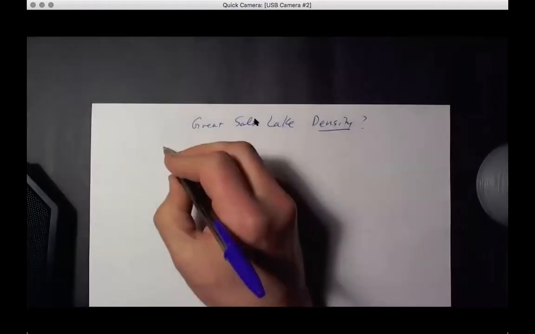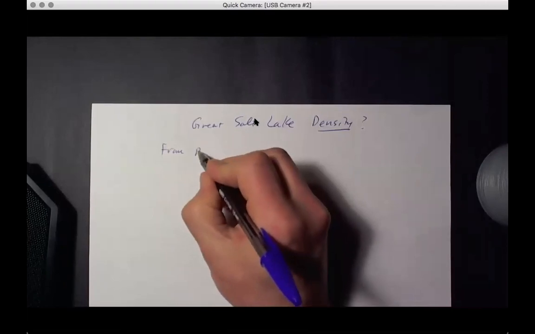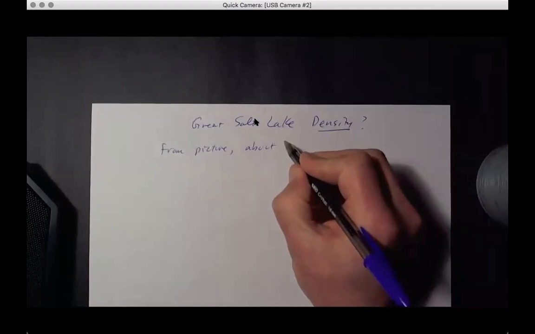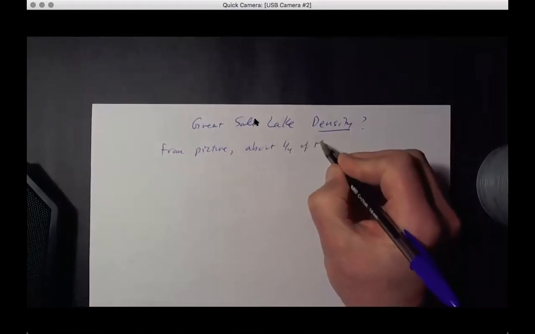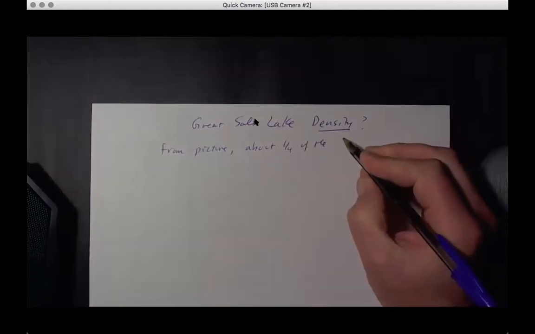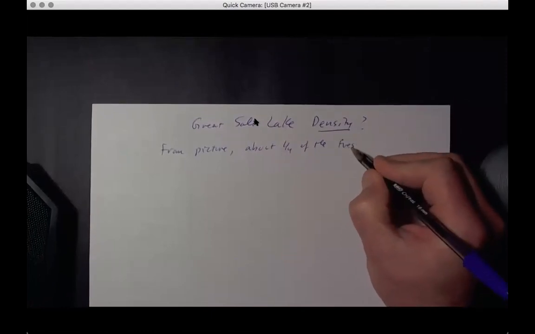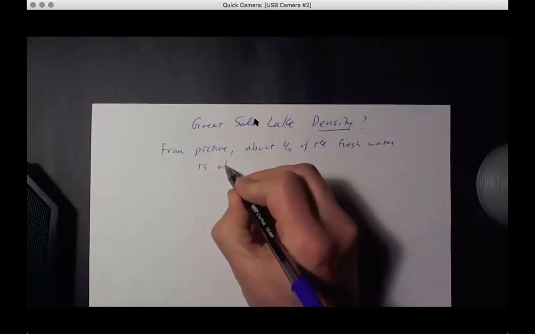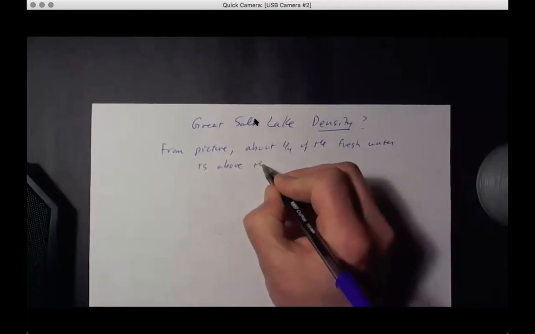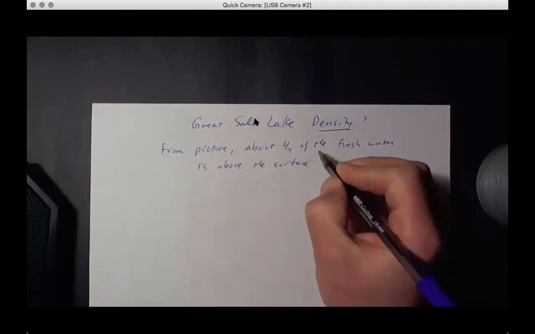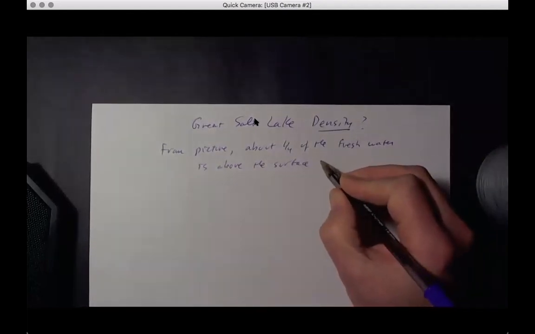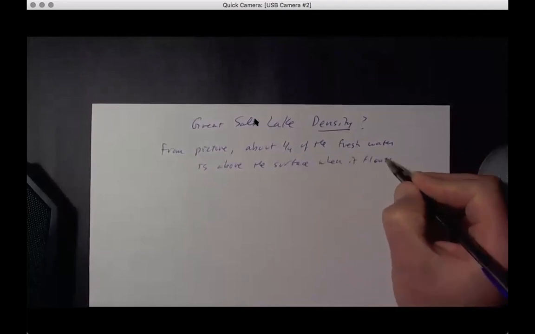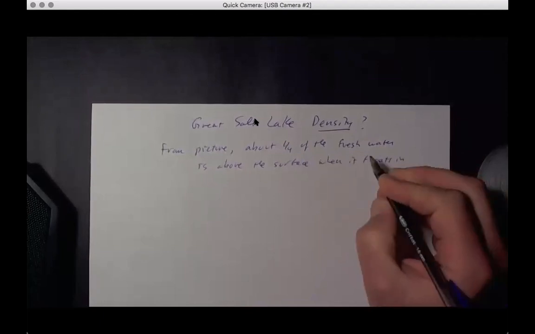Here we have, from the picture, about 1/4 of the fresh water is above the surface when it floats in the Great Salt Lake.